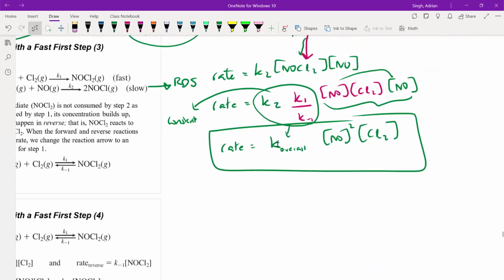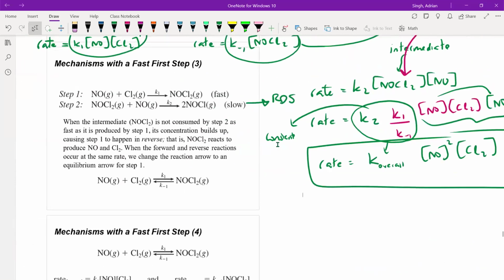So that's how, when we are presented with a situation where we have a fast initial step and then a subsequent slow step, we can still write that rate equation for the rate determining step. We just need to do a little bit of massaging of the information for the fast step.